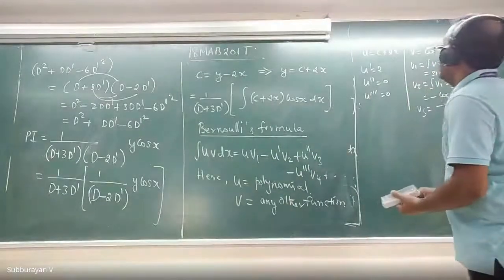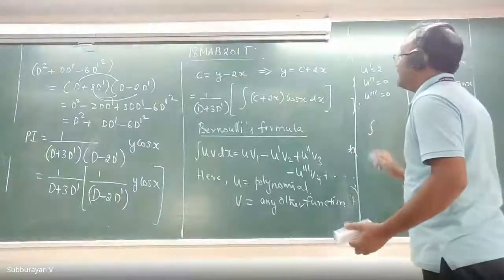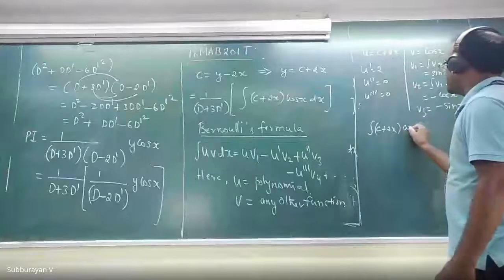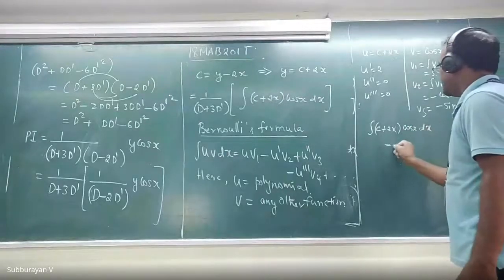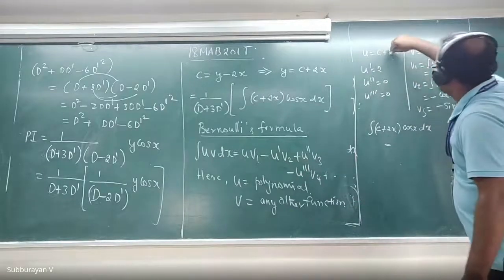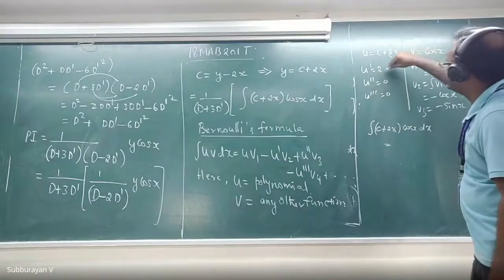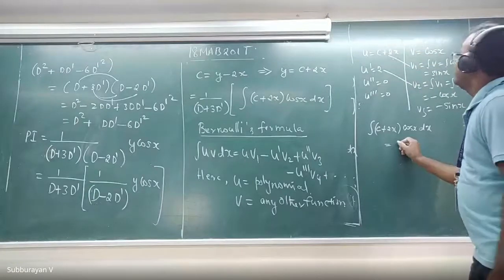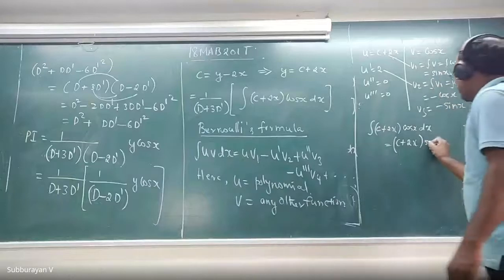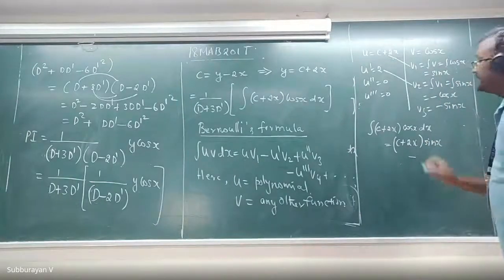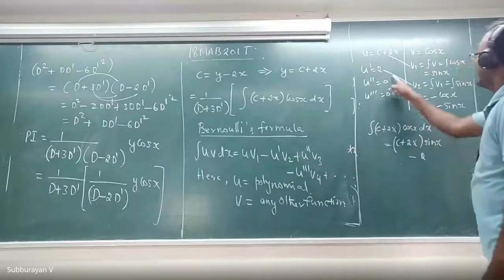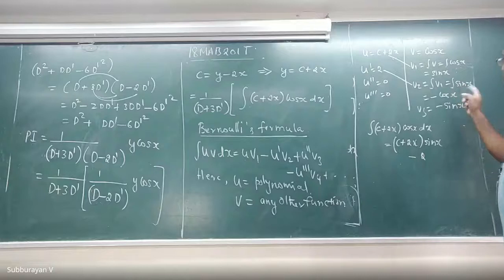Now, integral c plus 2x into cos x dx is equal to, what is the formula? uv1, u is c plus 2x, so that is c plus 2x into sin x, minus, there is a minus in the formula, u dash is 2 into v2, which is minus cos x.